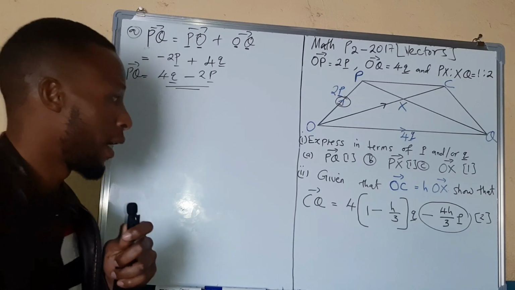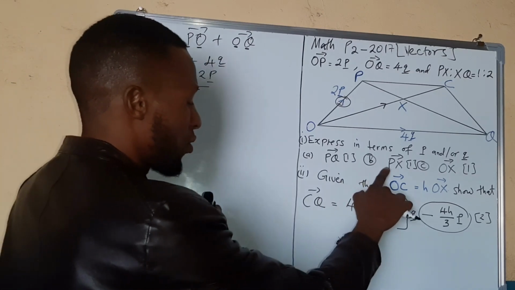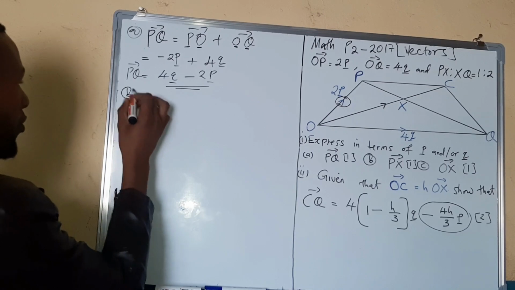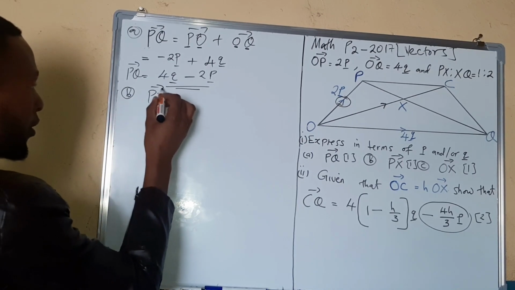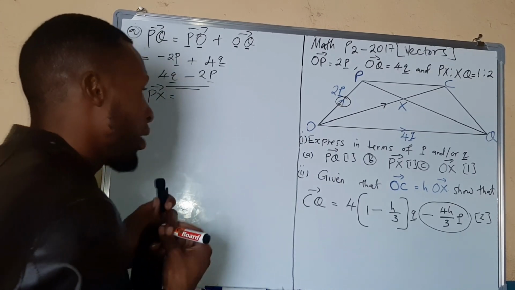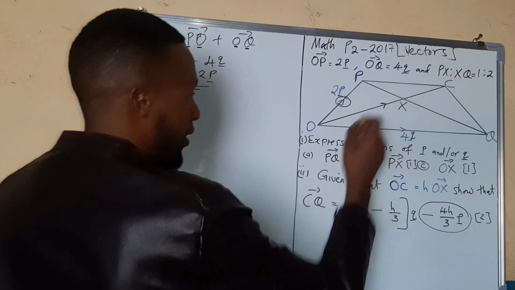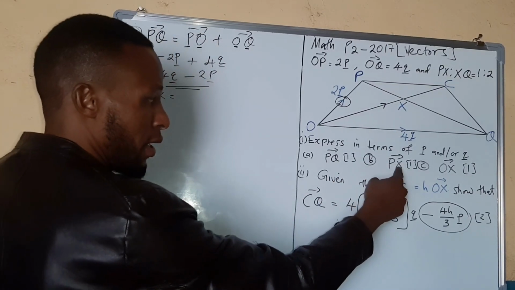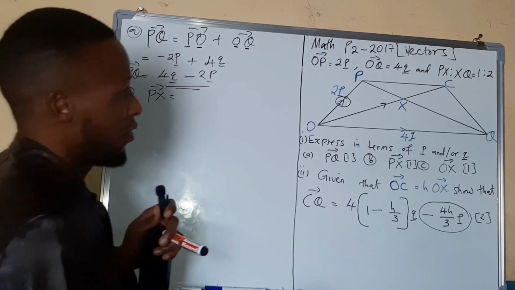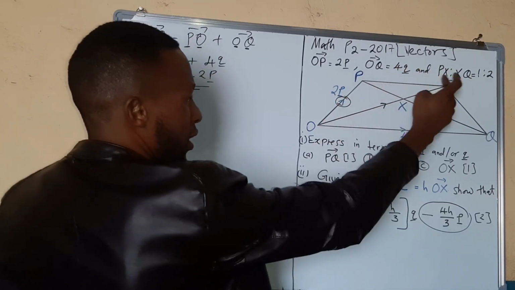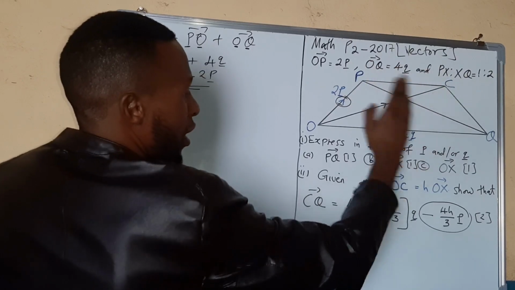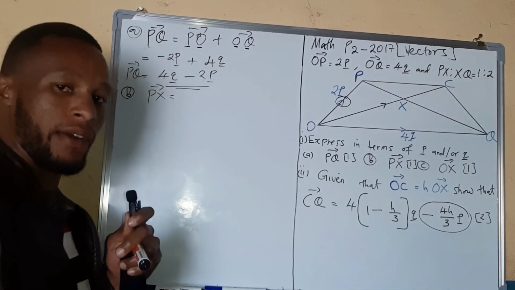1 mark. Then we should find vector PX. So B, we are finding vector PX. Starting point is P again, ending point X. If I go PC, then CX, I'm not going to find the value because I don't have magnitude in those directions.